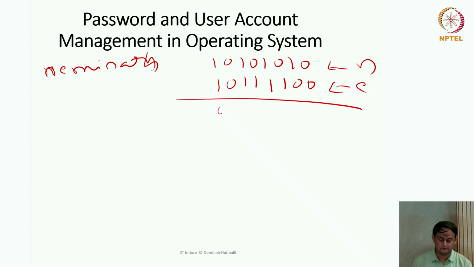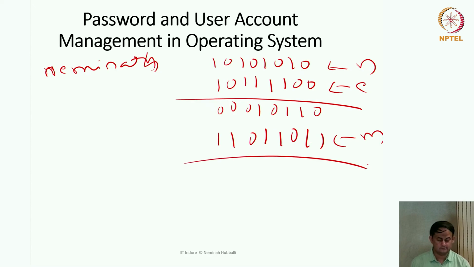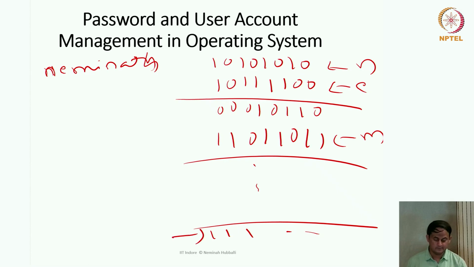So this is 0 0 0 1 0 1 1 0, something like this, and then I take the third character M and corresponding to that I might have another sequence, something like this. Again, I do the XOR operation and I continue doing this. After as many characters as there are, whatever binary number you get at this place becomes the fixed size.